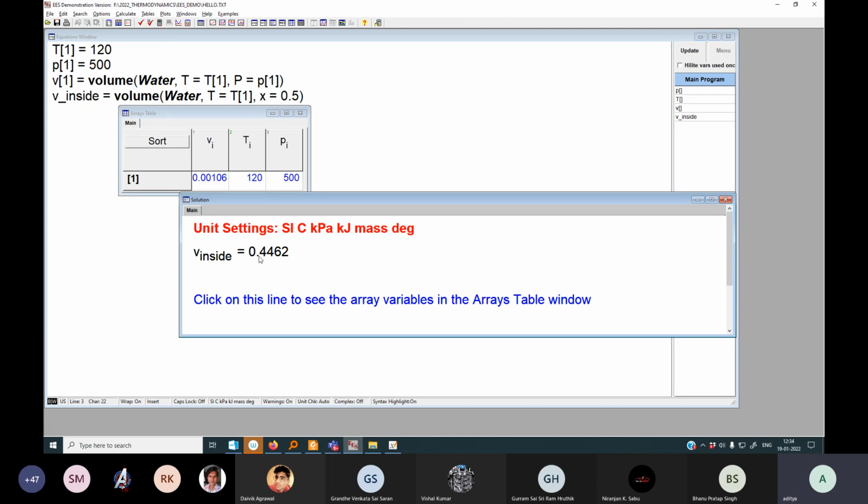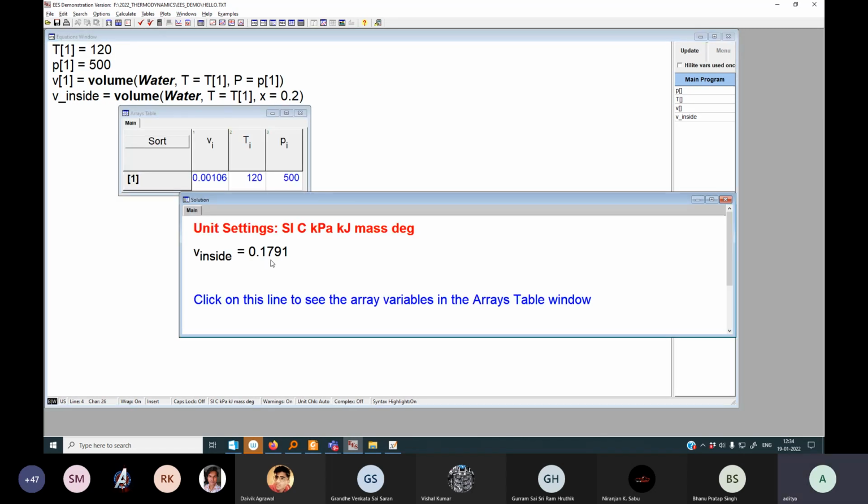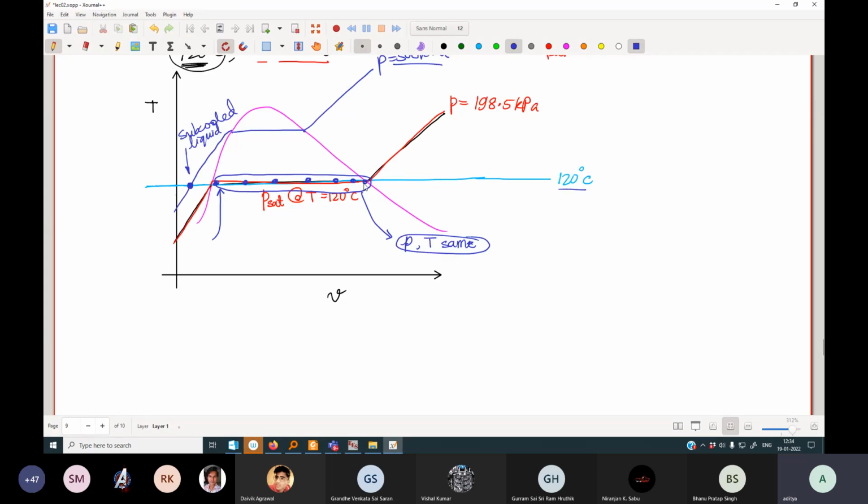See, it has gone from 0.8 something to 0.4 something. If I make it 0.2, it will become 0.1791. So basically along all these points, pressure and temperature will remain the same. Only the specific volume is going to change. Effectively, the quality is going to change. Okay, is that fine? Yes, sir. All right.